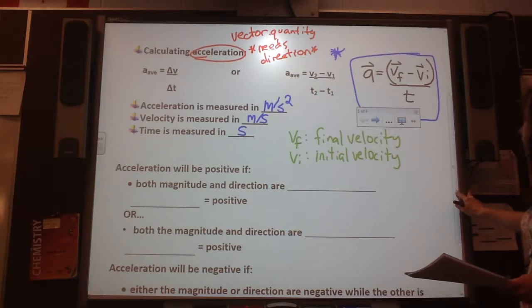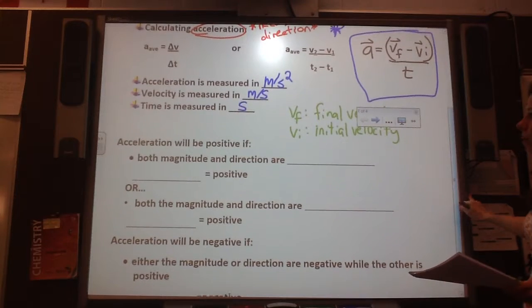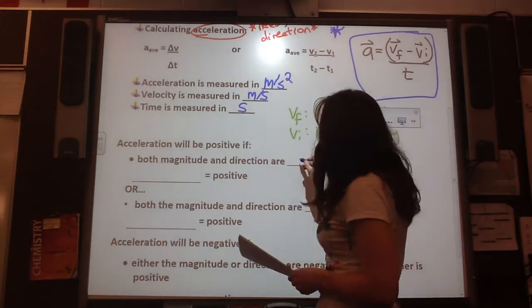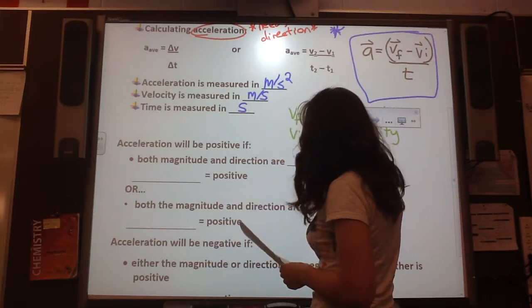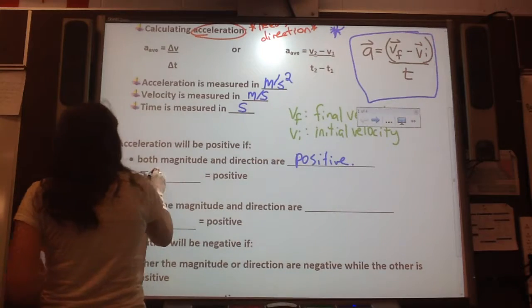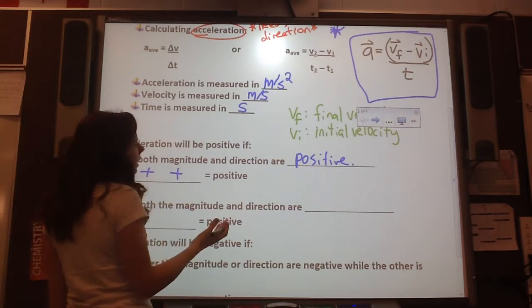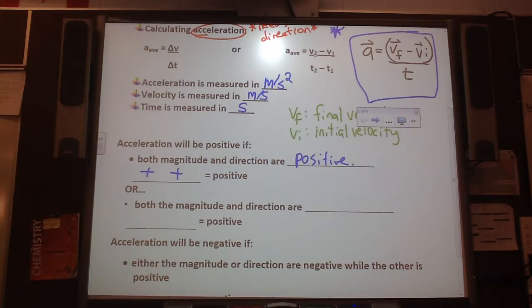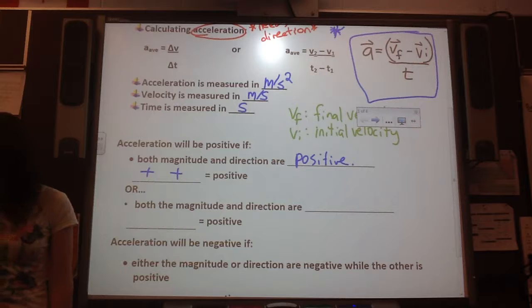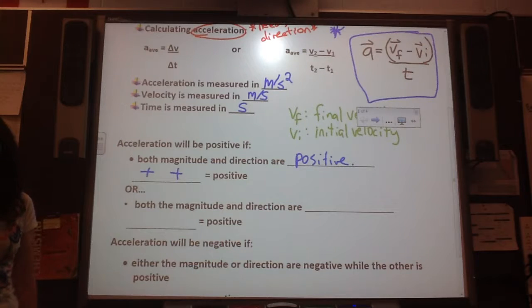Now, acceleration will be positive if both magnitude and direction are positive, because a positive times a positive will equal a positive. I get into this a little bit more in detail in Physics 20, but I won't go any further than that for right now.